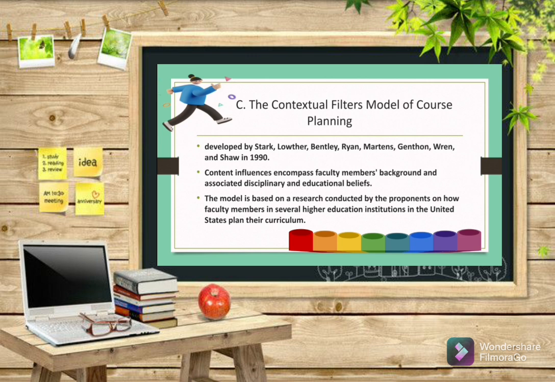So in this model, several curriculum influences such as faculty background and educational beliefs are recognized. So the influence and the special role of faculty members in curriculum planning and development are recognized as a main factor in curriculum development in higher education. So in this model, it puts emphasis on the importance of the faculty background and educational beliefs on developing a curriculum.